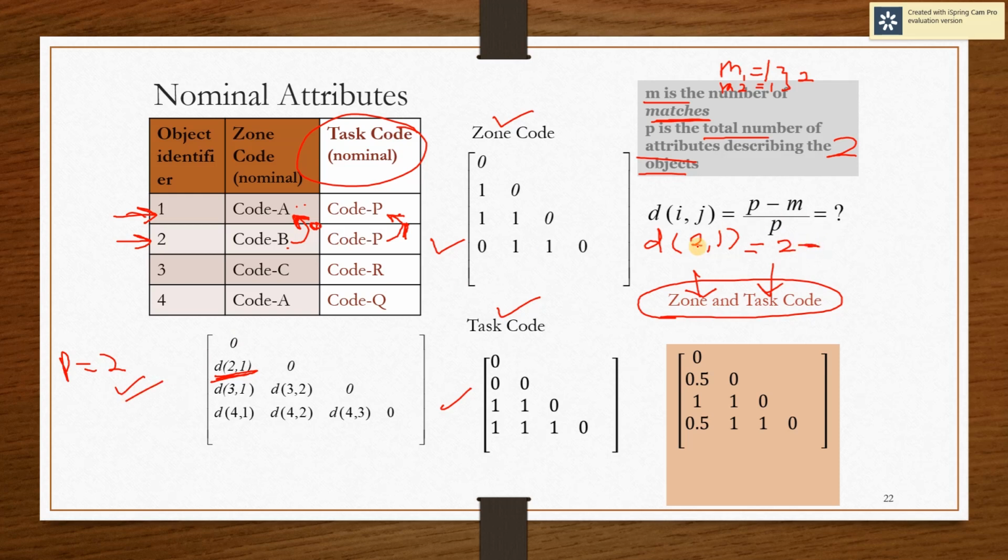Minus M: we have 0 here and 1 here, so M is 1. If you had 1 here it would be 2, but this is only 1. So 2 minus 1 over 2, which is 1 over 2, would be 0.5. That is why you get 0.5 here. I hope you can analyze the values for the other objects as well, the other matrix values Dij.